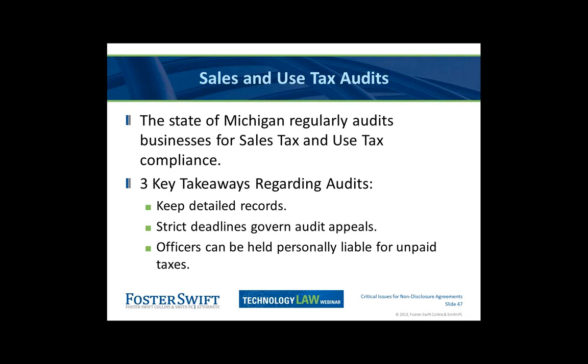You go before a referee, you pitch your case to them, and hopefully they agree with you. And if they don't, again, all is not lost. At that point, you have another 35 to 90 days to appeal to the formal tax tribunal or court of claims.